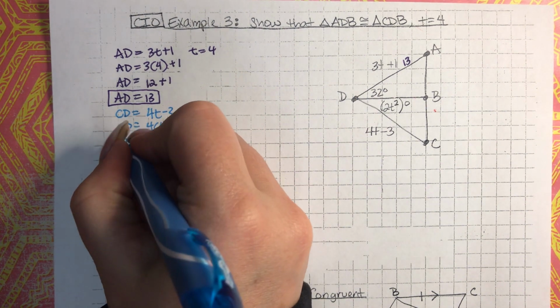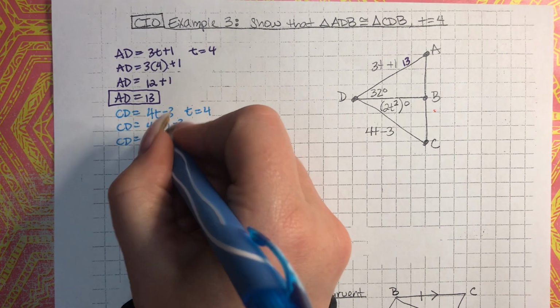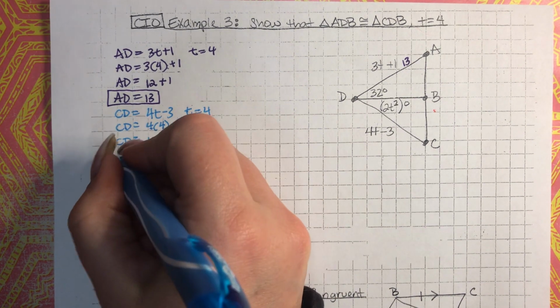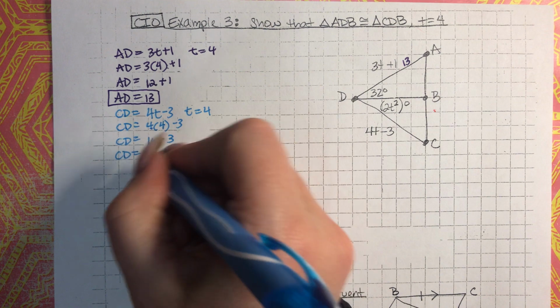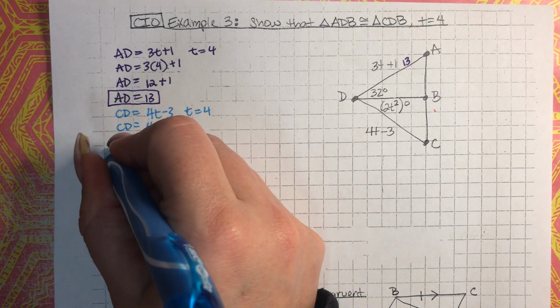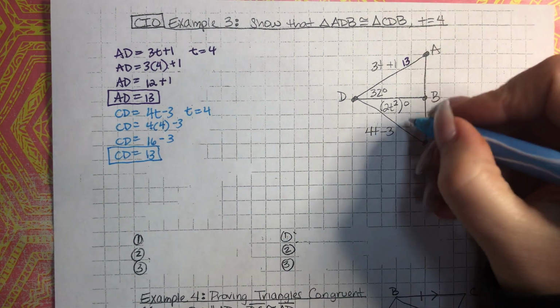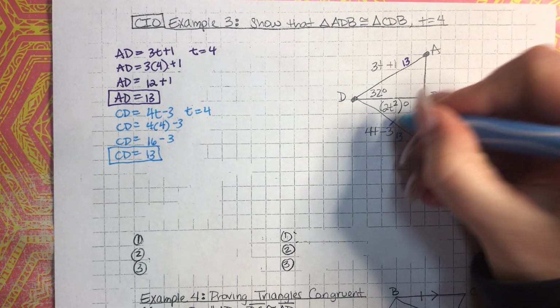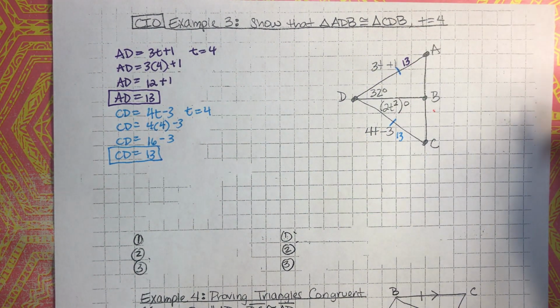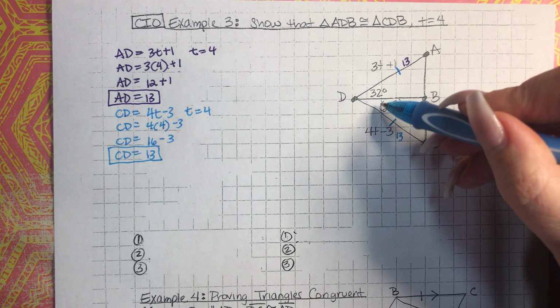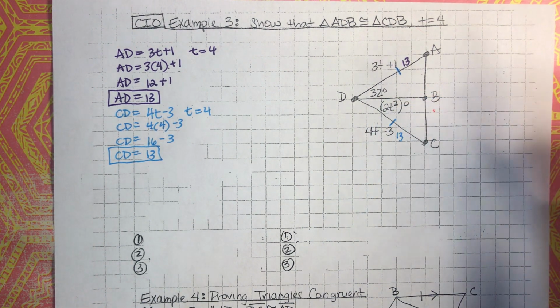Okay, order of operations, do the multiplication first. 4 times 4 is 16. 16 minus 3 is 13. Okay, so this one is 13 as well, which means that these two sides are the same. Perfect.